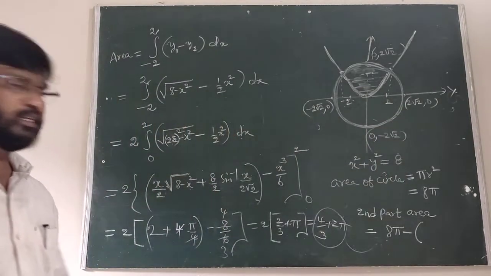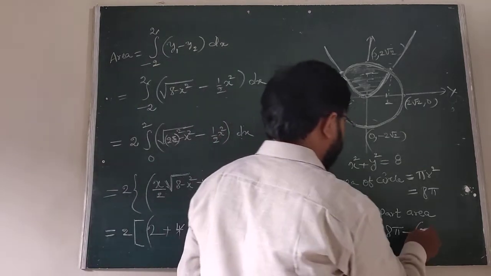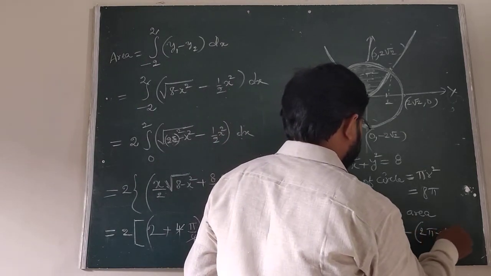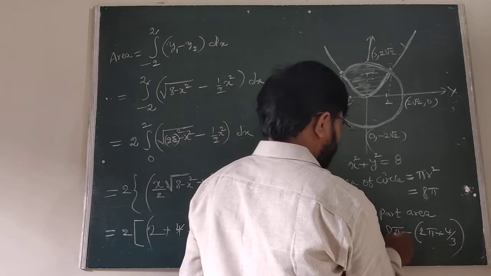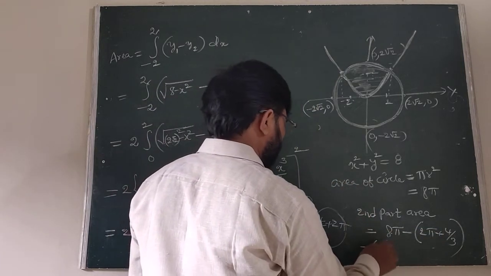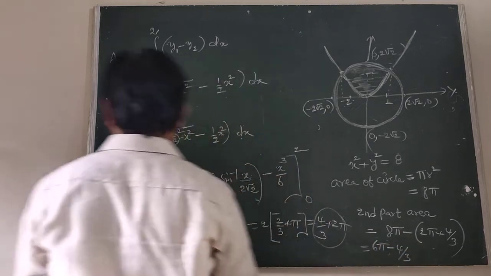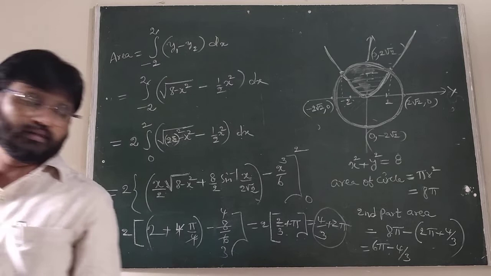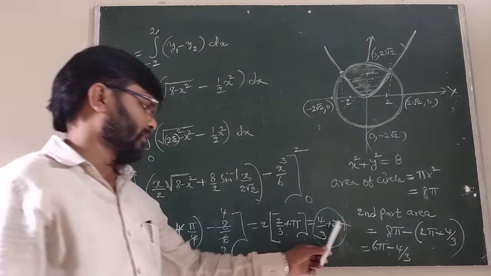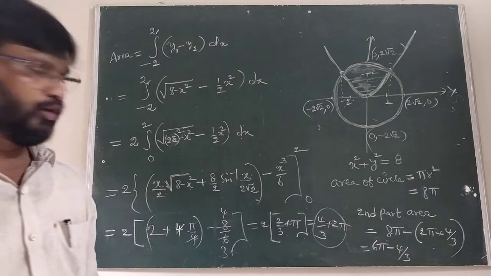That is our required area. The other part area is 8 pi minus 2 pi minus 4 by 3, that is 6 pi minus 4 by 3. The first part is 2 pi plus 4 by 3, and the second part area is 6 pi minus 4 by 3.